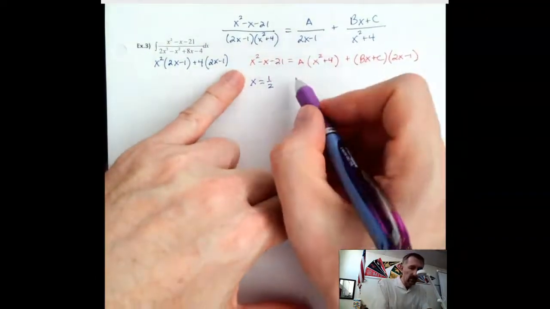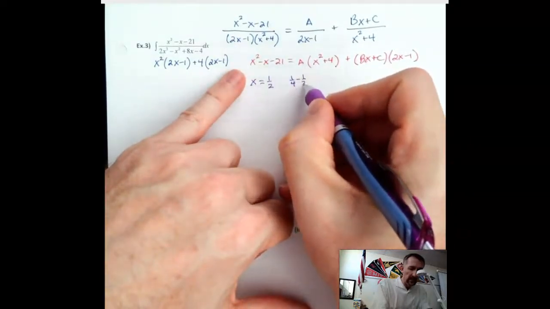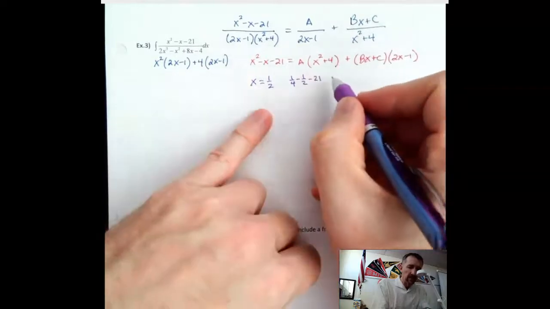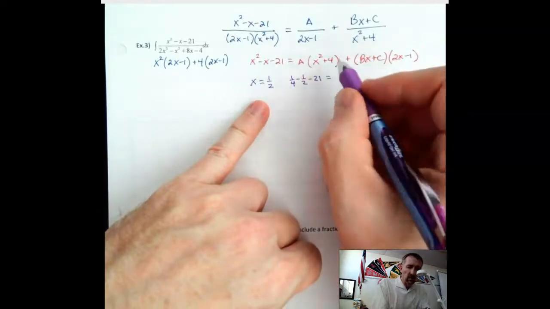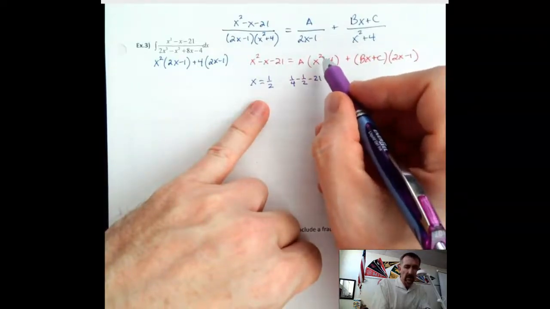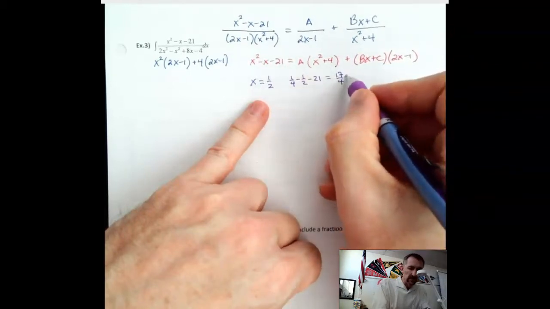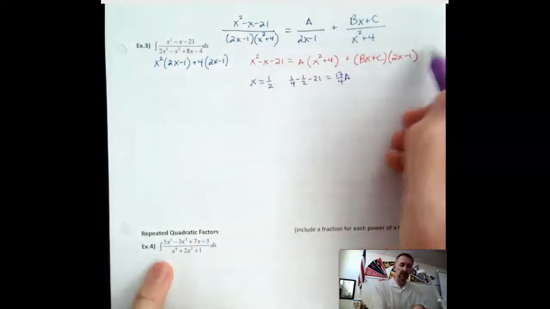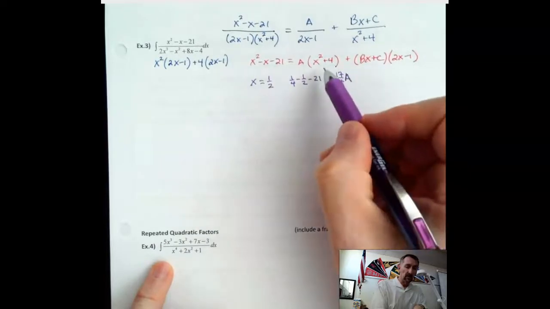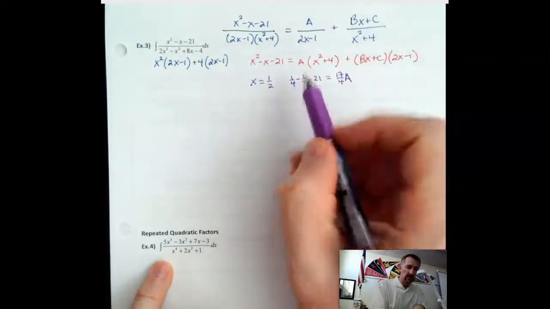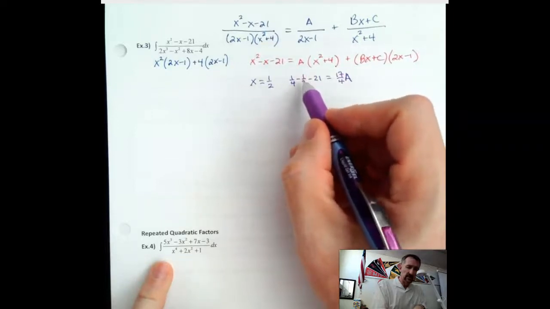So 1/2 squared is 1/4. So we're going to have 1/4 minus 1/2 minus 21 equals, and 1/2 squared is 1/4 plus 4. 1/4 plus 16 over 4, that's 17 over 4. So it'll be 17 over 4a, and then 1/2 here, that's 0. That's why we picked it in the first place. That'll knock all that out. So back to this side over here, that's going to be negative 2/4, so that's negative 1/4.